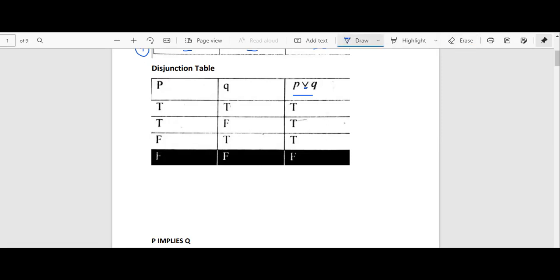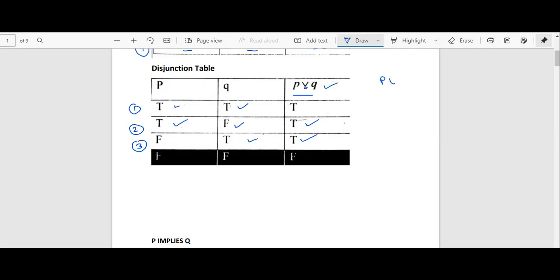All right. Now just know that here P union Q, or this last statement, is true when both P and Q are true. It is again true when P is true and Q is false. And it is again true when Q is true.